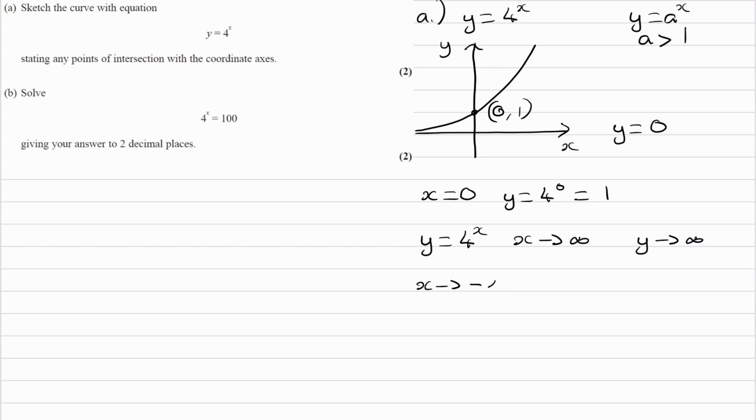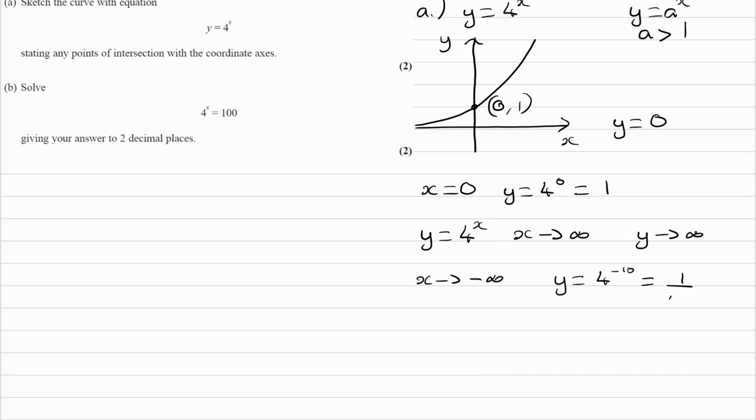As x approaches negative infinity, well, probably the best way to think about this is to consider an example. So if we have y is equal to, let's say, 4 to the power of minus 10. This is the same thing, because of the negative power, as 1 over 4 to the power of 10.